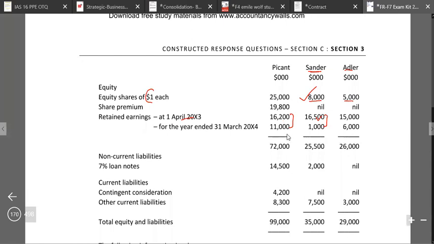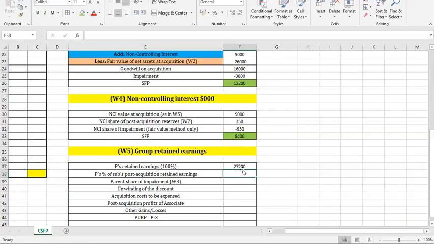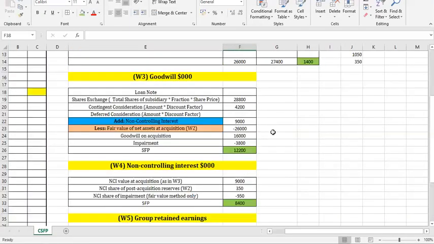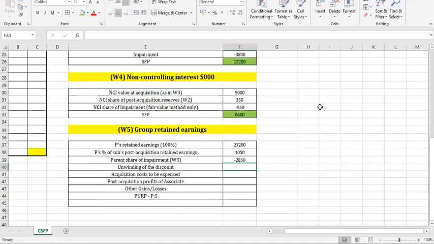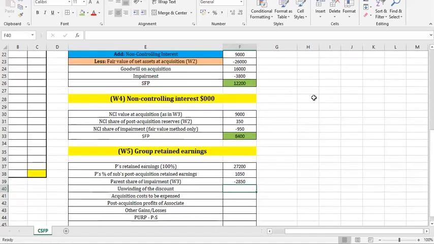When we add it, it gives you the retained earning at reporting date. The parent share was 1,050. We have calculated that. What was the parent share of impairment? It was actually 3,800 multiplied by 0.75, which is 2,850. Now we have to do the working of the associate as well.